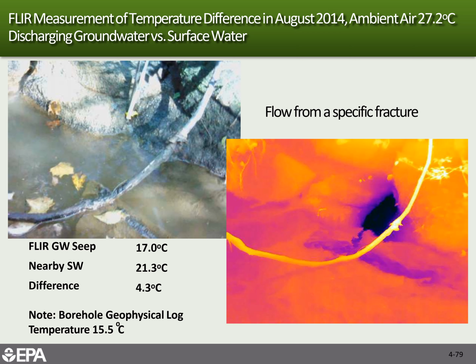This orange stripe here is a vine that comes across here. And you can see the cold water coming out of this very specific location. When you look at it in the visible spectrum, there's a crack right there where the cold groundwater is actually discharging from a point discharge, and you can see a 4 degrees difference between the surface water and the groundwater.